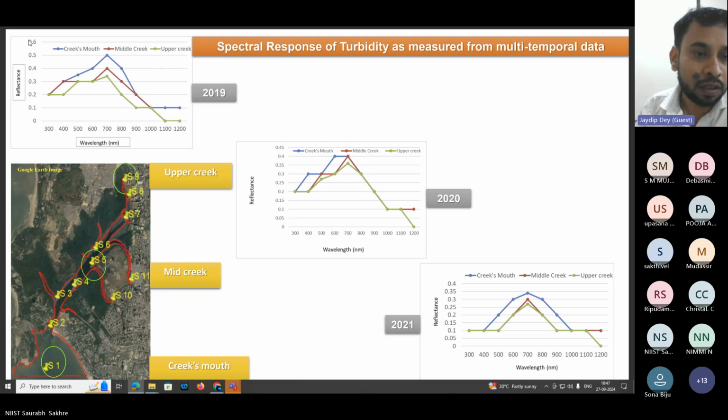Turbidity reflectance is applicable here in the 500 to 800 nanometer region, that is green to red or near infrared. In this region we can measure turbidity very well, and a similar trend has been found for the other two seasons also.